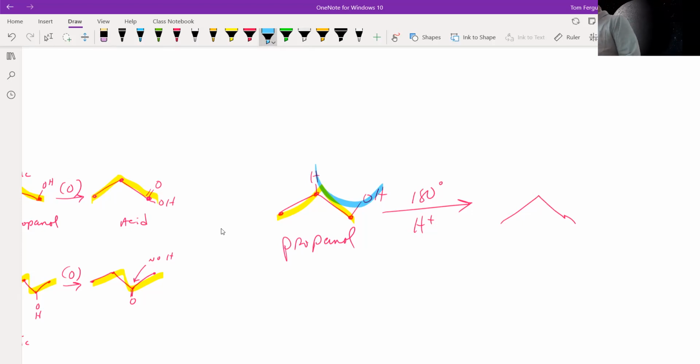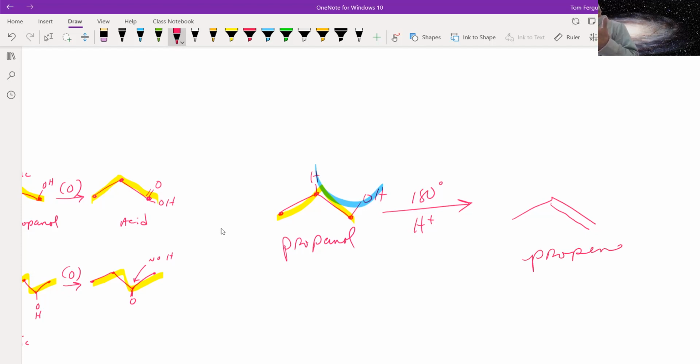We end up creating a double bond where the water molecule was. Okay, so we have reactants, product name, so that's propene. And conditions are 180 degrees, acidic conditions.